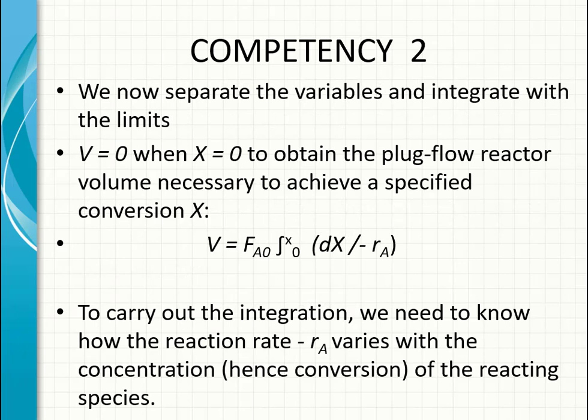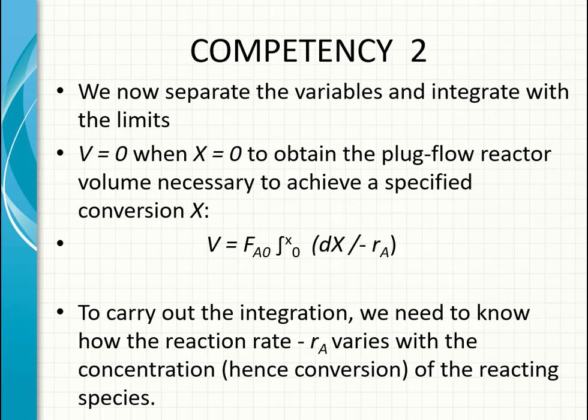We now separate the variables and integrate with the limit that at V equals 0 the conversion is equal to 0. And we obtain the flow reactor volume necessary to achieve a specified conversion x: the volume will be Fa0 times the integral from 0 to x of dx divided by -ra.